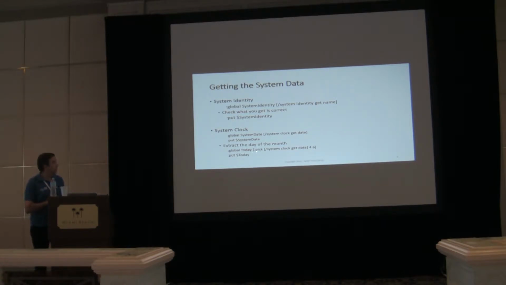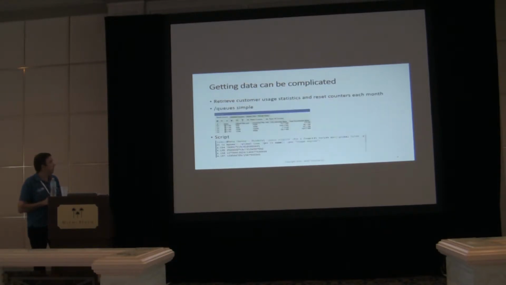And what we get back, we put into today, and now we've got today's date. I just use a simple illustration here, but you can use this to get information out of fields where you need it. So data can get complicated.